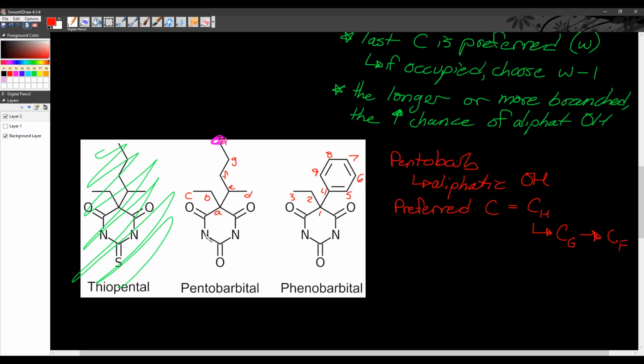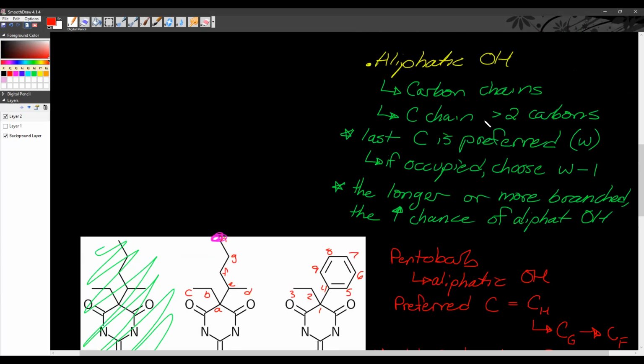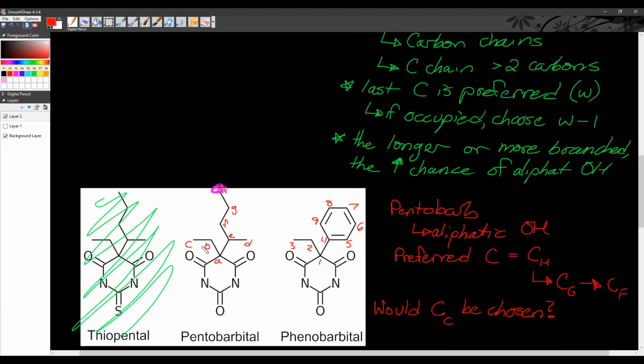Would carbon C ever be chosen? No. Exactly. No, it is too short. Remember the rule. The carbon chain must be greater than 2 carbons, and we can see that that chain is only 2 carbons long.